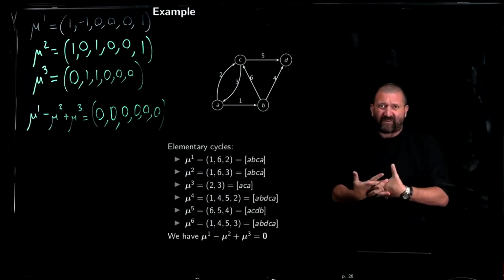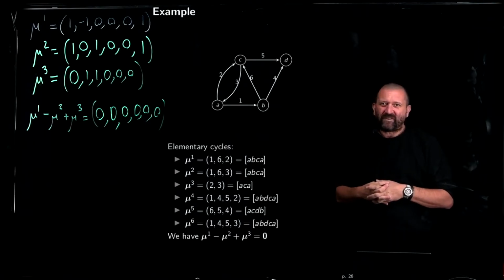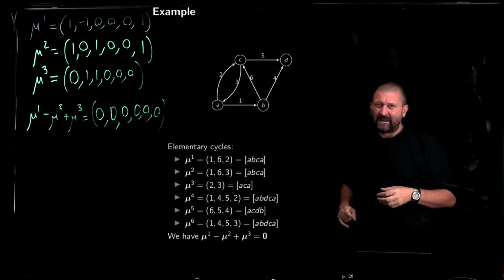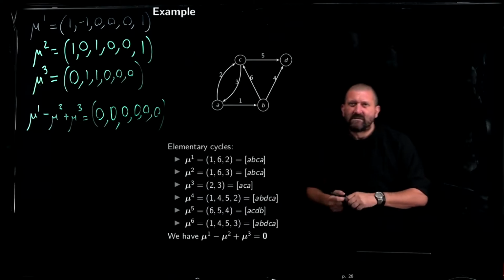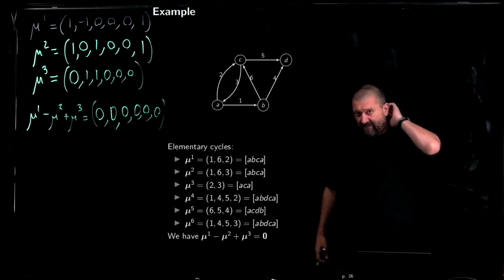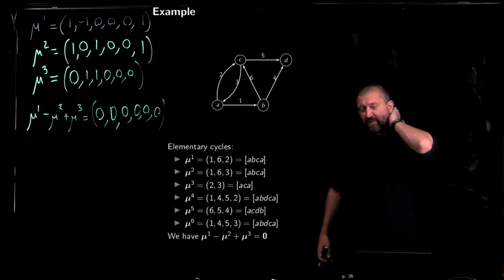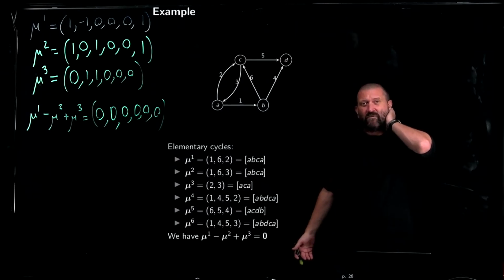To make a basis of this, I probably could use, so of course, if I take this equation, I can write mu3 as a function of mu1 and mu2.